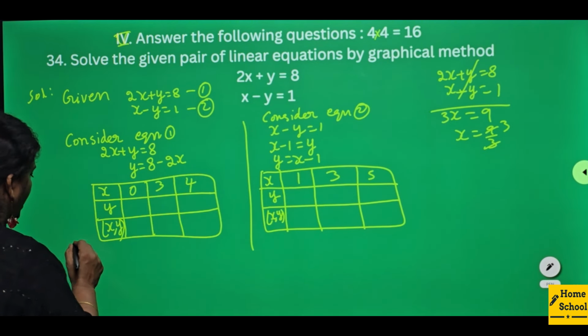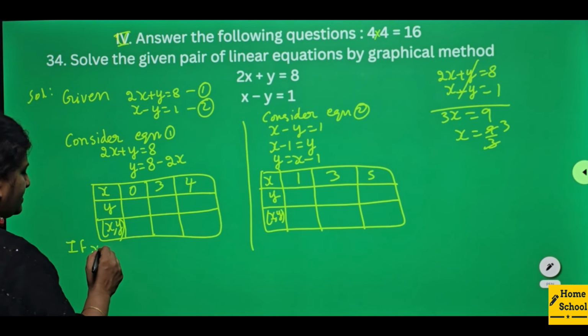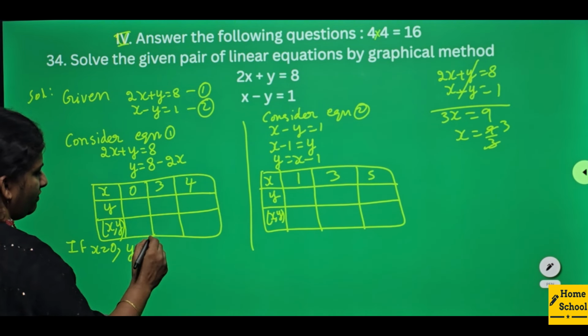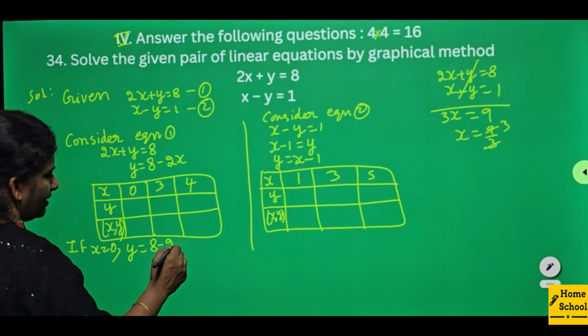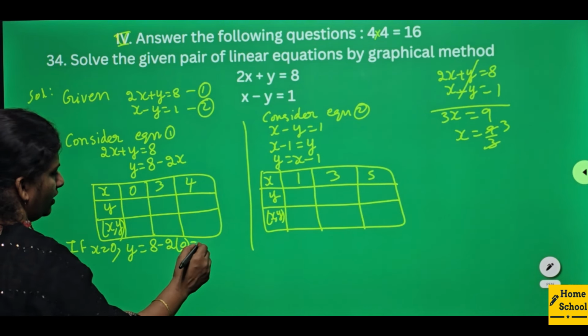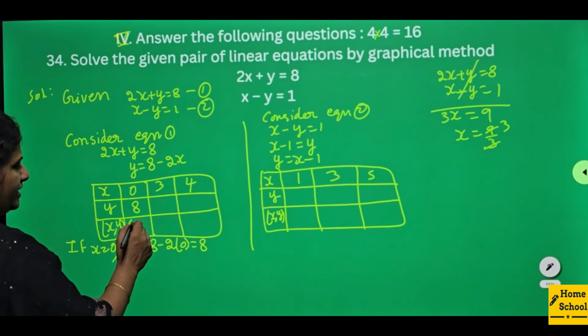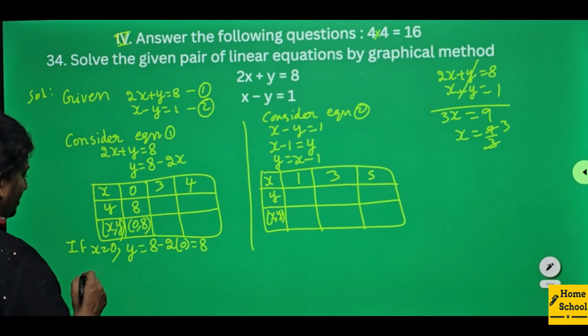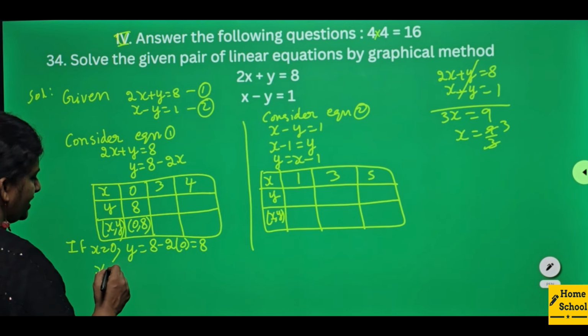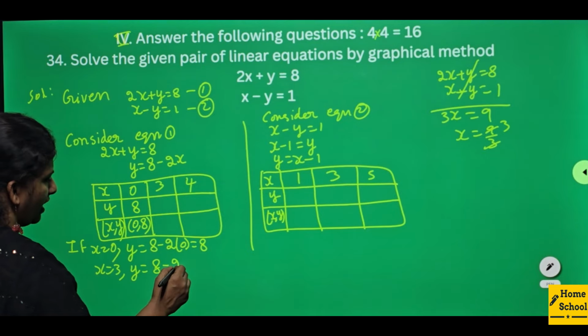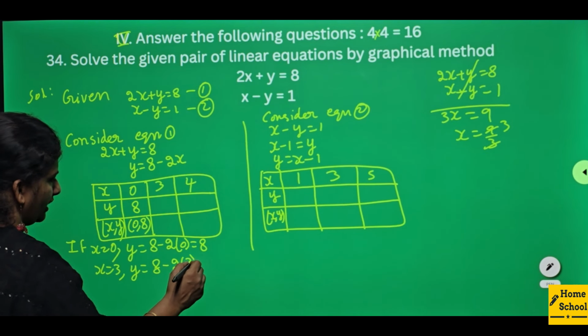Now here if x is equal to 0, what is the equation? y is equal to 8 minus 2 into 0. That is 8 minus 0 is 8. The coordinate is 0, 8. If x is equal to 3, y is equal to 8 minus 2 into 3.